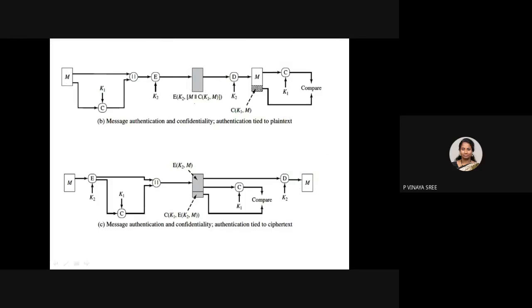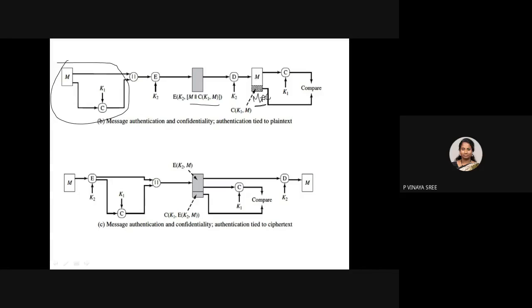After decrypting, the receiver gets the message and the MAC. But this MAC was calculated by the sender, and now a MAC has to be calculated by the receiver. The same process the sender used to calculate a MAC has to be done at the receiver side also.